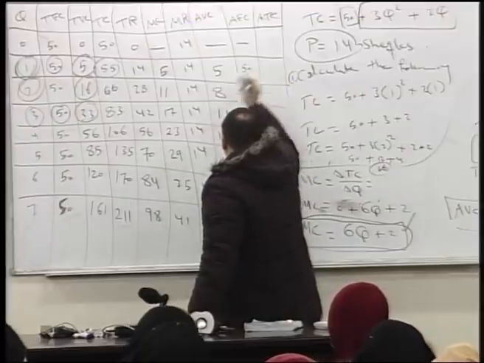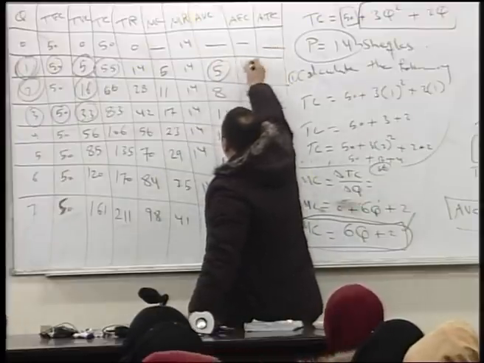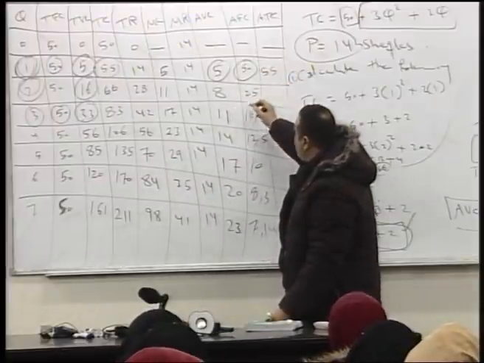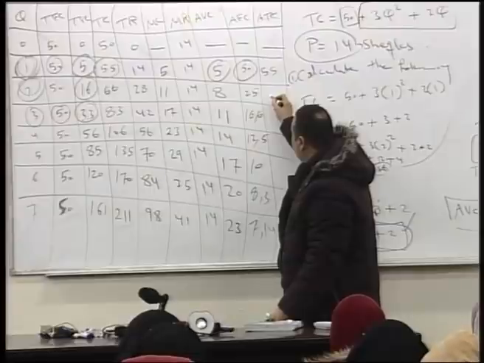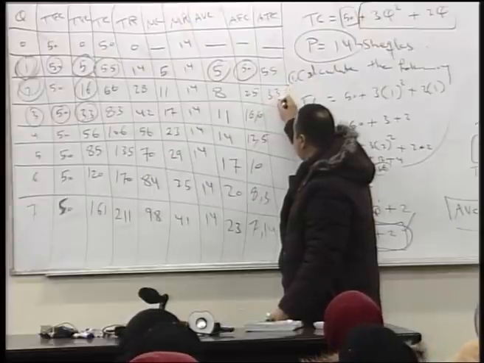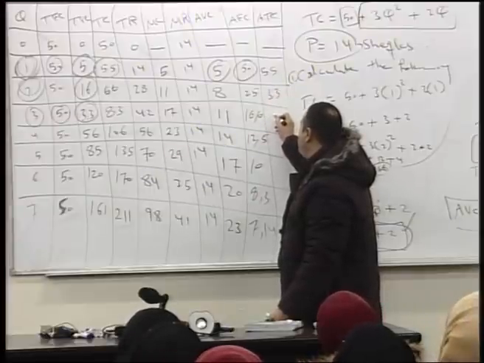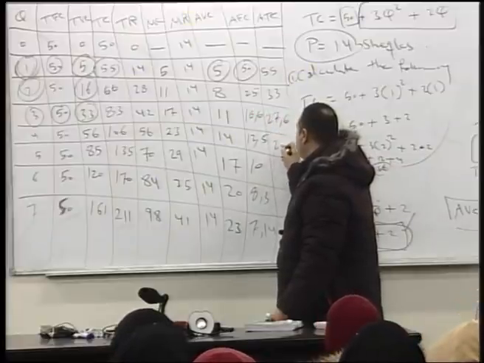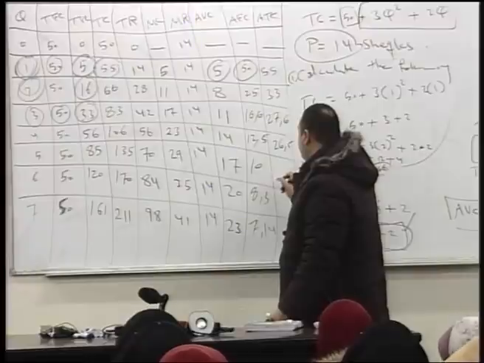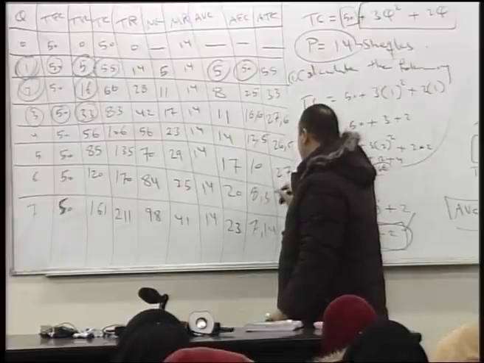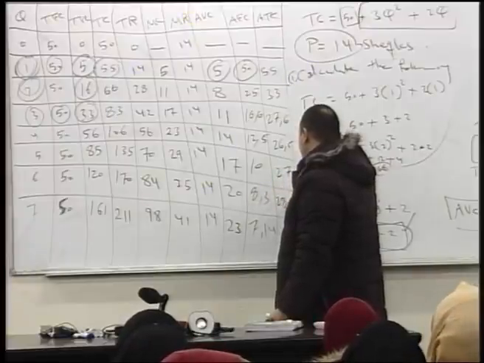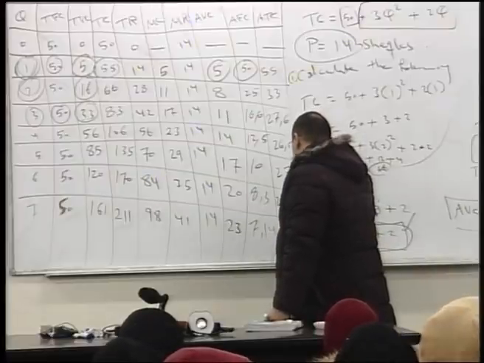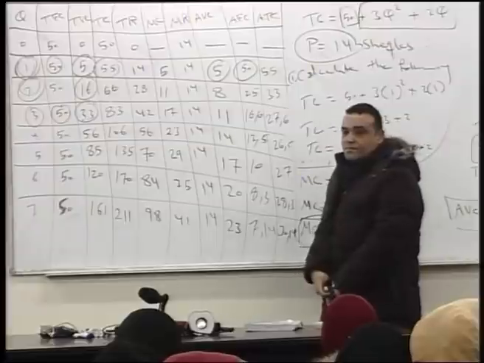Okay, ATC is the summation of AVC plus AFC: 55, 33, 27.6, 26.5, 27, 28.3, and the last 30.14.